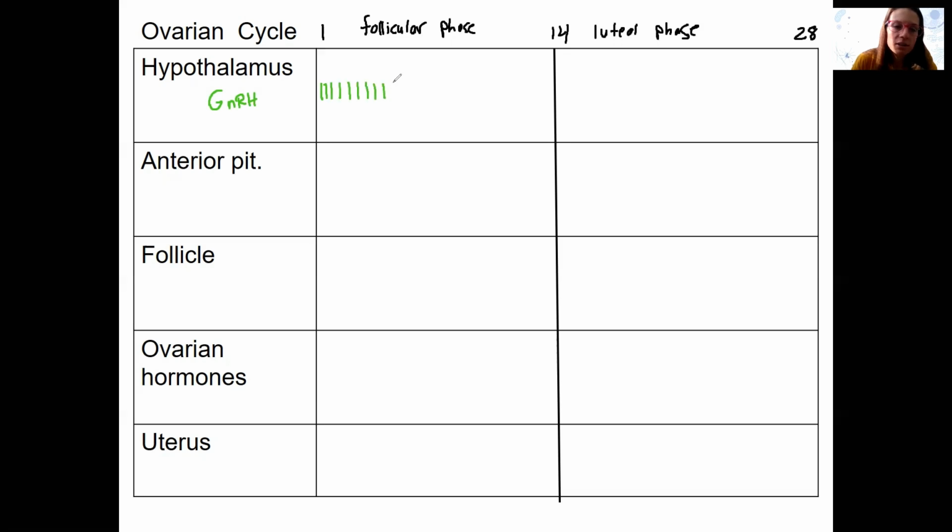So I'm going to draw this as pulses, and my pulses are not perfect here, but they are going to increase in frequency, kind of like increasing action potential frequency. So this is unique for a hormone up until ovulation. So it's a similar idea to increasing the amount produced because that's the effect on the anterior pituitary. But it's actually these pulses that are thought to be important for stimulating the anterior pituitary, right? Which is what this is doing. We're going to have increased stimulation as we get closer to ovulation.